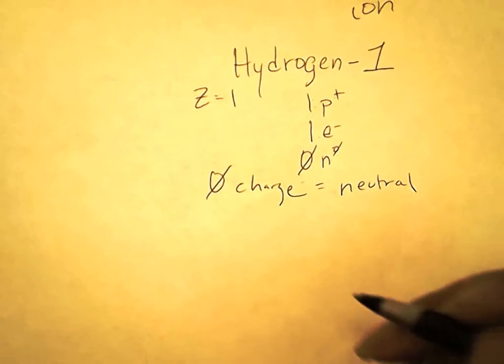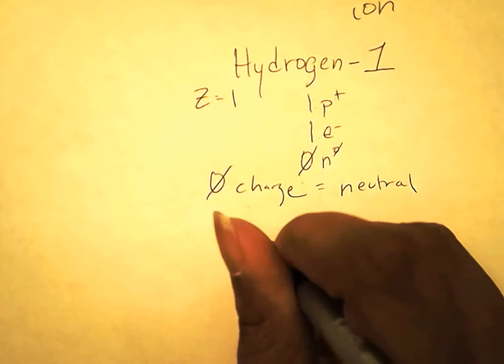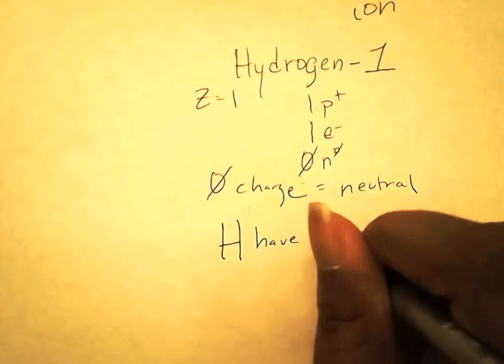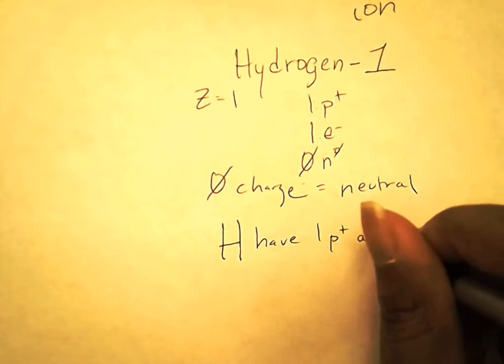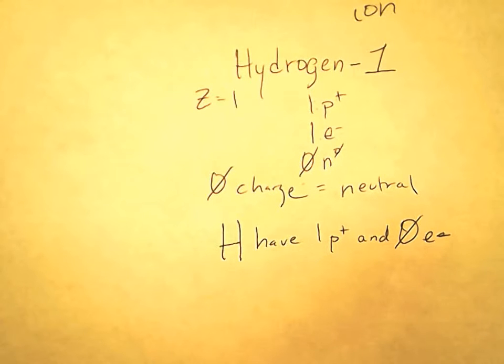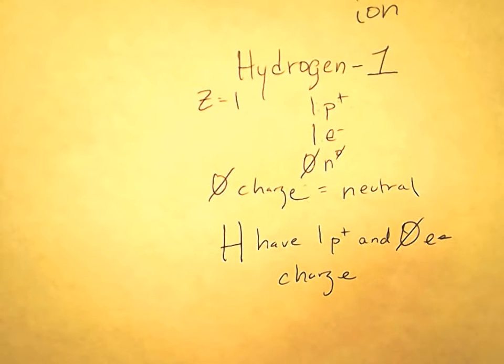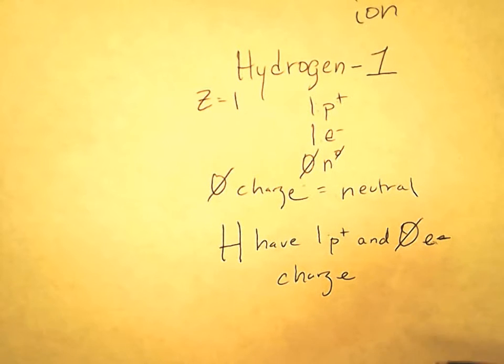But if I tell you that now your hydrogen will have 1 proton and 0 electrons, what would the charge be on that hydrogen if it has 1 proton and no electrons? Somebody took its electron because it was on the outer ring ready to fly away anyway.